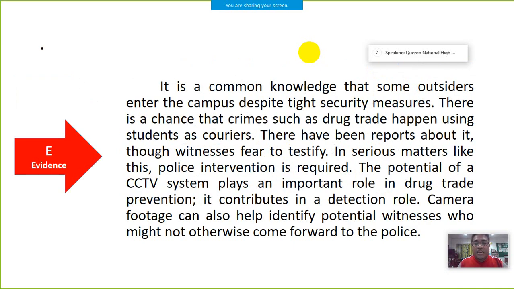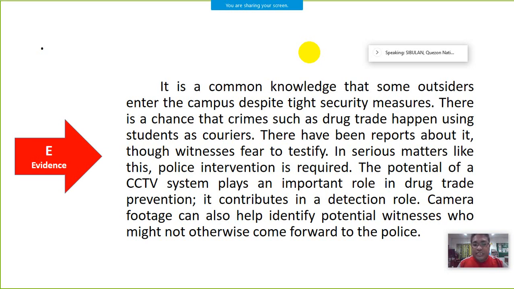Then what are the pieces of evidence? So let me read. It is common knowledge that some outsiders enter the campus despite tight security measures. There is a chance that crimes such as drug trade happen using students as couriers. There have been reports about it, though witnesses fear to testify. In a serious matter like this, police intervention is required. The potential of a CCTV system plays an important role in drug trade prevention.